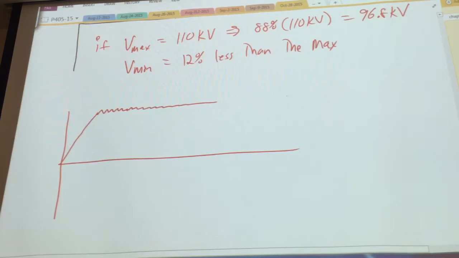And it produces a ripple of less than, I believe, 1%. So they can get the voltage ripple down very, very low. I mean, ideally, of course, you'd like to have the voltage ripple down to zero, but that's not possible.